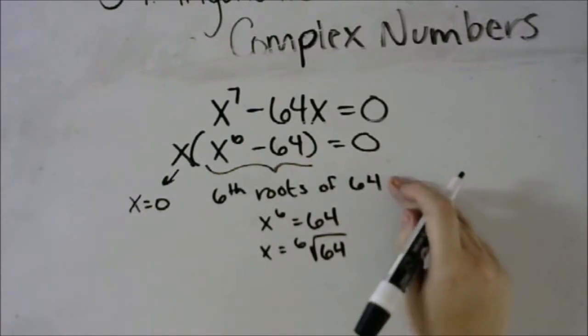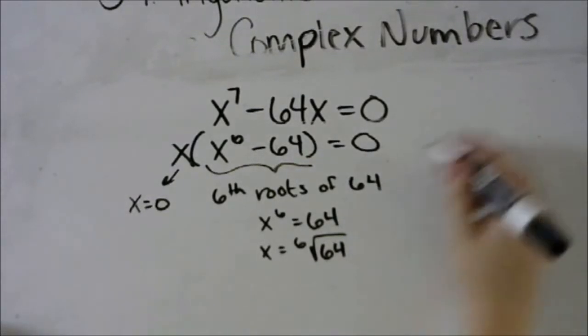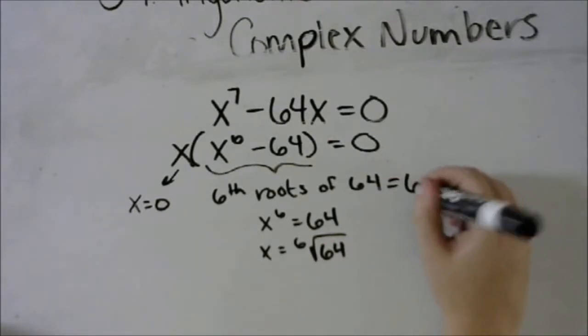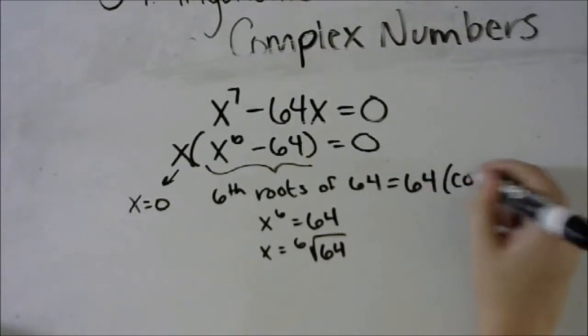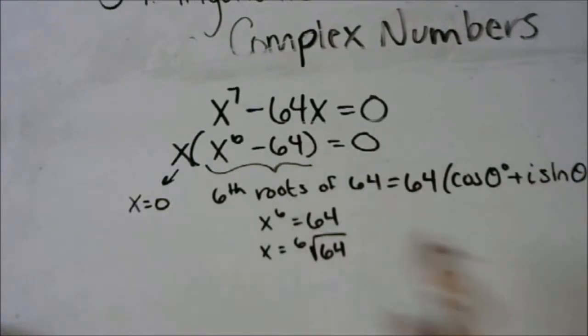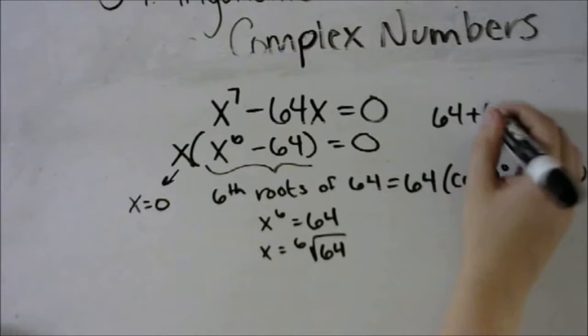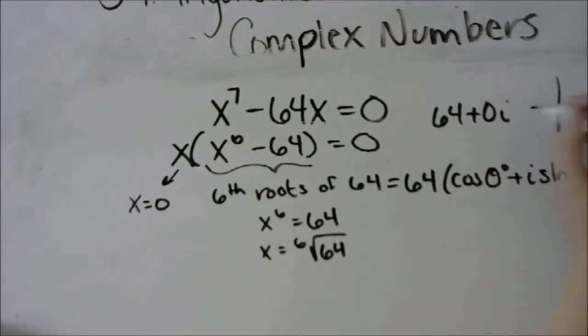Well, if 64 were a complex number, its trigonometric form would be 64 cosine 0 plus i sine 0. Because if you think of 64 as a complex number, it would be 64 plus 0i, and we would graph it on the positive x-axis.